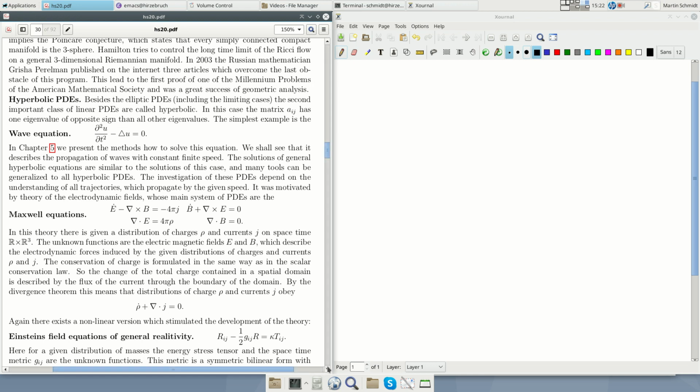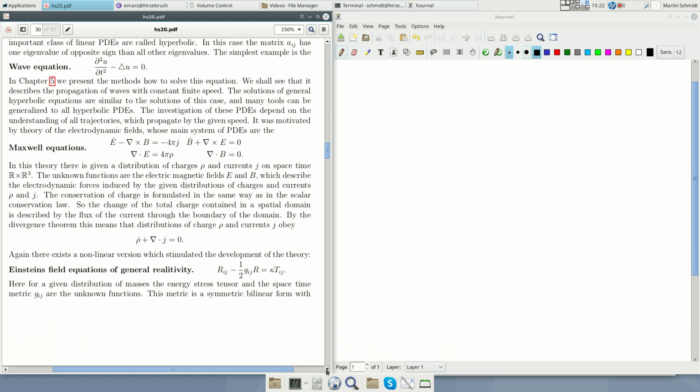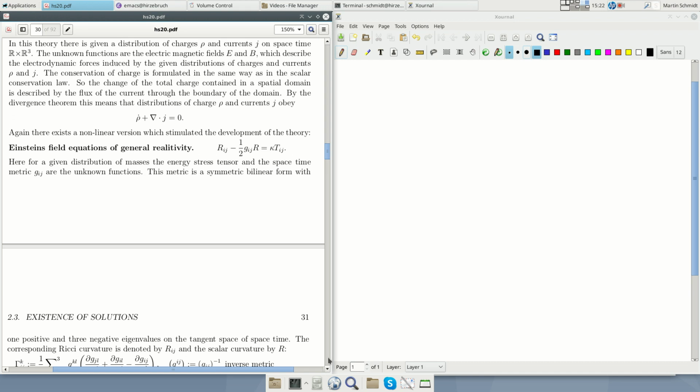And there was also some nonlinear version, which was very important for the further development of the theory of hyperbolic PDEs.